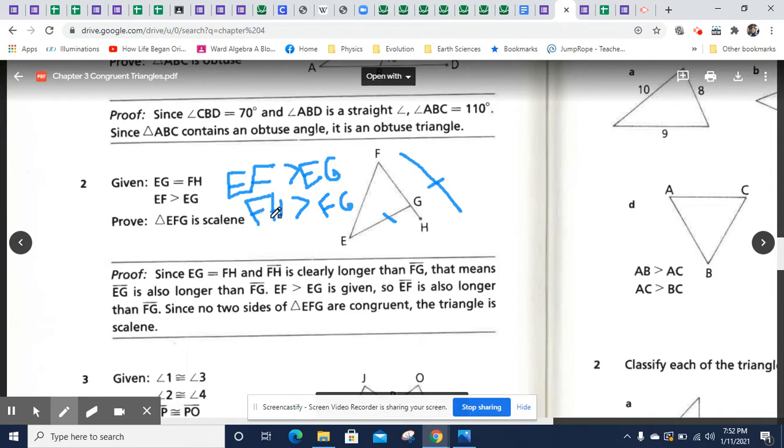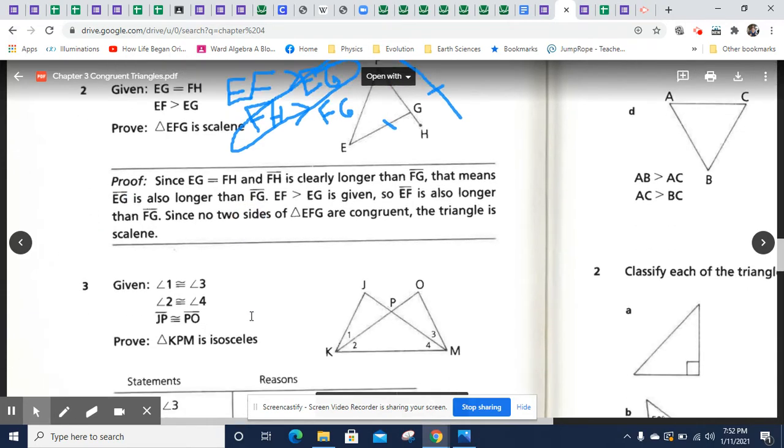And then by substitution, we can take EG and FH since they're congruent. We can now say EF is greater than EG, which is greater than FG. And so therefore, if they're all a string of greater than and less than, then none of the sides are congruent. So it is definitely a scalene triangle.